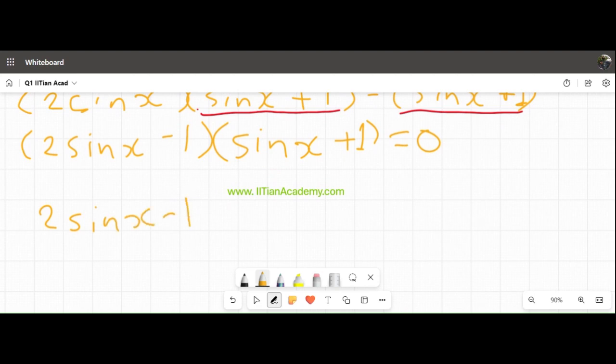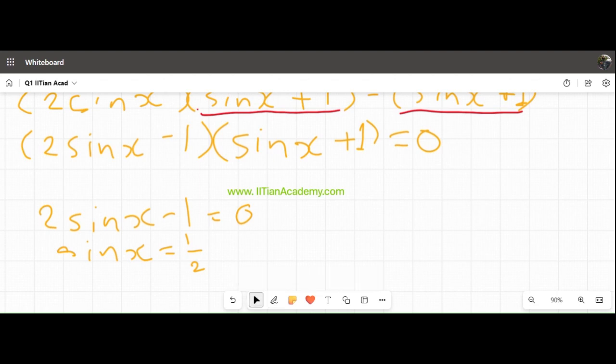This is our first term, so we're going to look at when this is equal to 0. By rearranging, this factor will be equal to 0 when sine x is equal to 1 over 2.